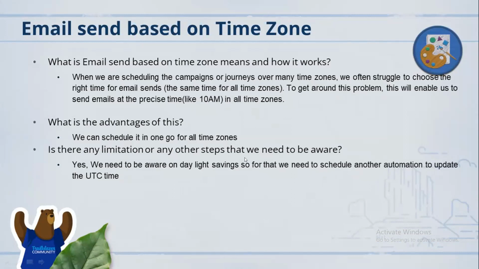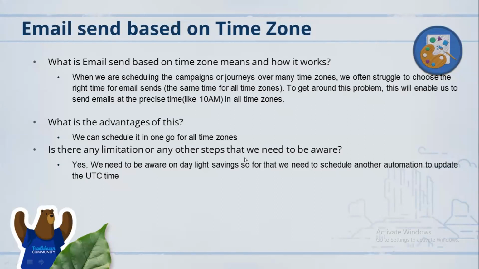Usually, when we are targeting users in different time zones, we always struggle with scheduling the exact time. To overcome this issue, we implemented this use case to avoid creating multiple journeys.